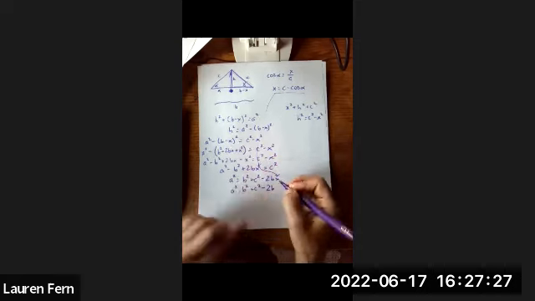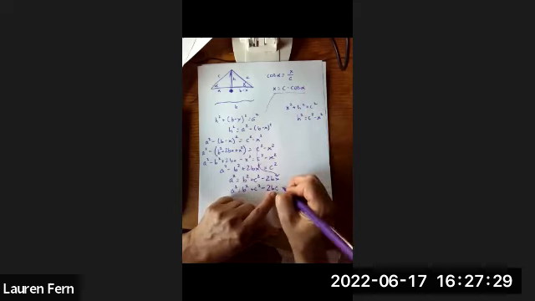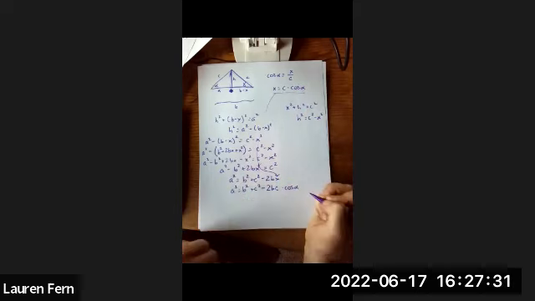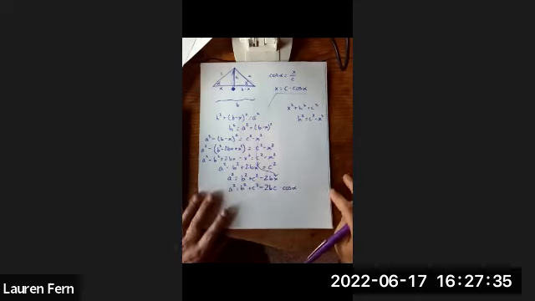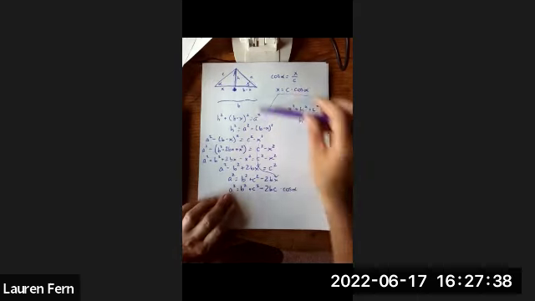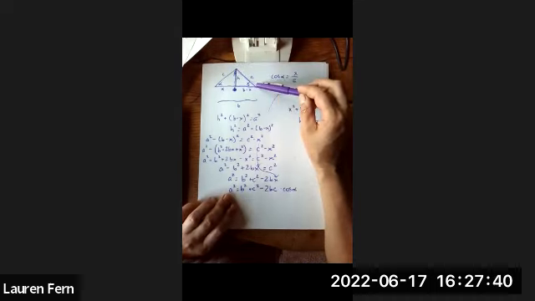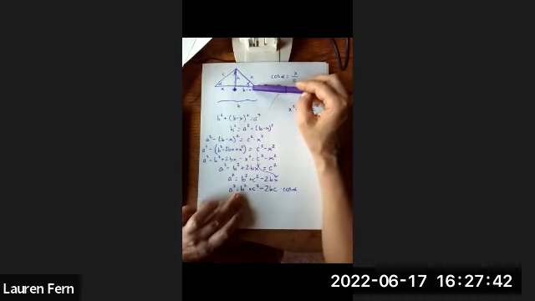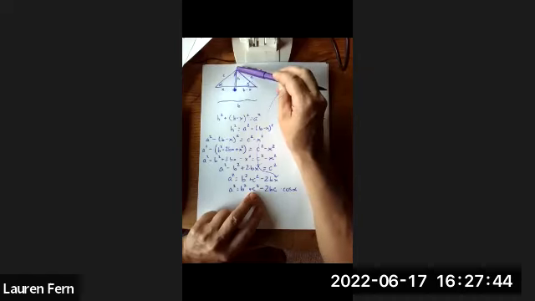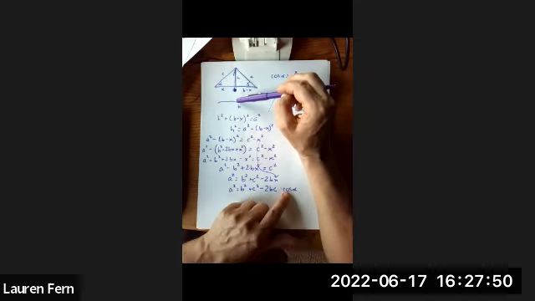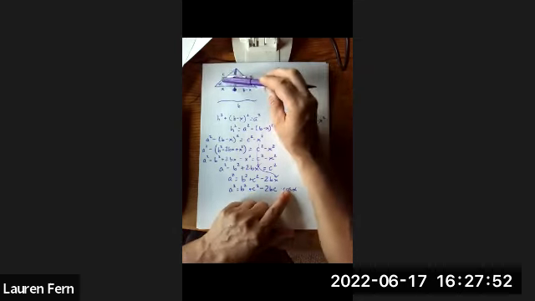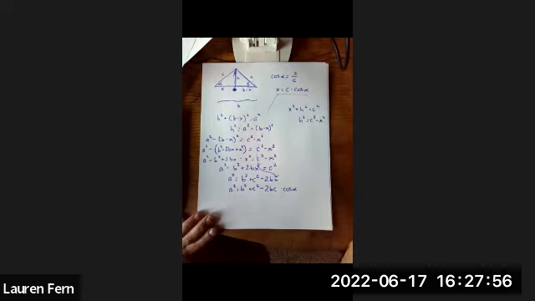Minus 2b, but x is c times the cosine of alpha. Woo! So the length of one side squared is equal to the length of the other side squared plus the other side squared minus 2 times the lengths of each of these sides times the cosine of the angle opposite the side we're looking for.